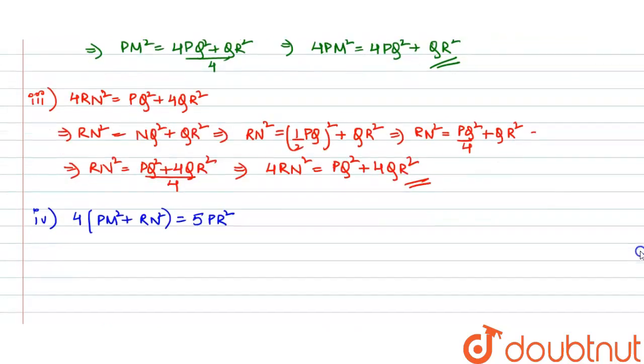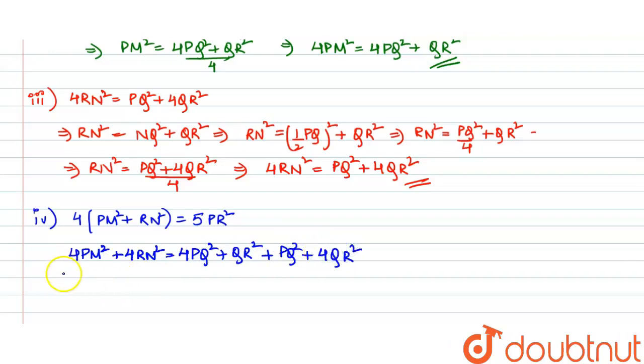On adding these two equations, 4PM square plus 4RN square will result into 4PQ square plus QR square plus PQ square plus 4QR square. So the left hand side becomes 4 into PM square plus, sorry, not 4 into, this will become simply RN square. This is RN square is equal to, from here this will become 5PQ square plus 5 of QR square.